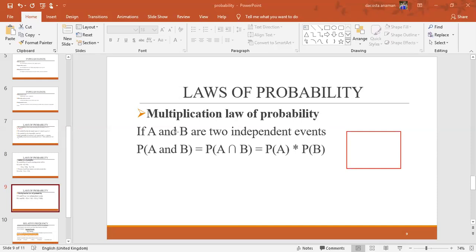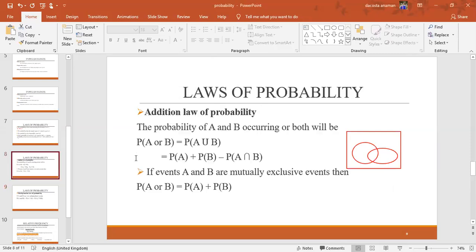If A and B are independent events, then the multiplication law of probability says that P of A and B, as you can see, for the first one it was A or B. That's why the two circles were not intersecting.